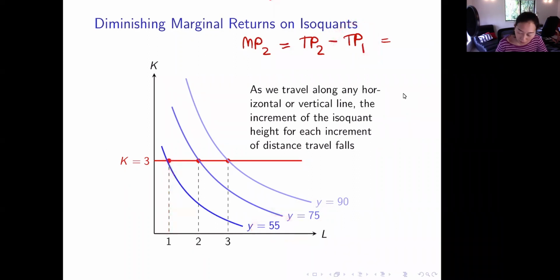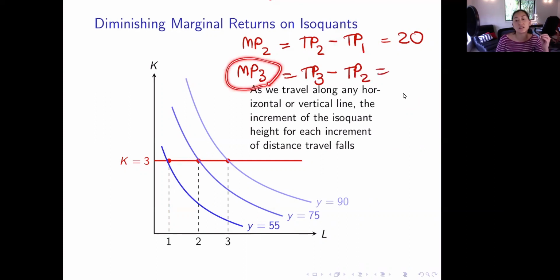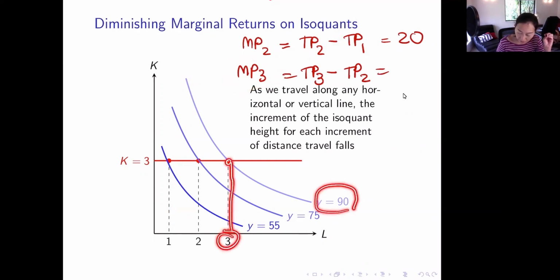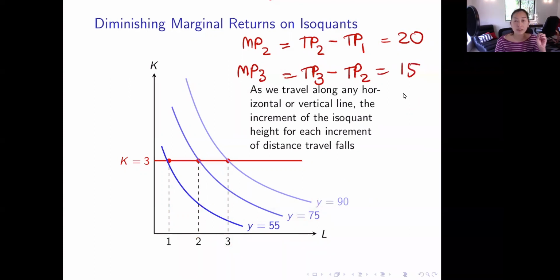That's how we got 20. That is MP2. Then MP3 is the total product of 3 units of labor less the total product of using only 2 units of labor. That is the marginal product of the third unit of labor. So the total product of 3 units of labor is equal to 90. 90 less 75 is equal to 15.